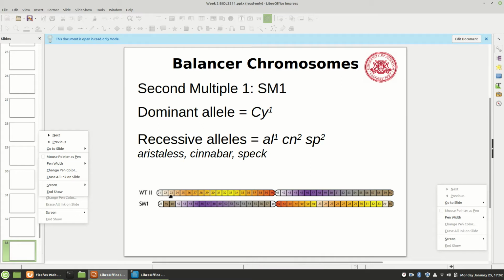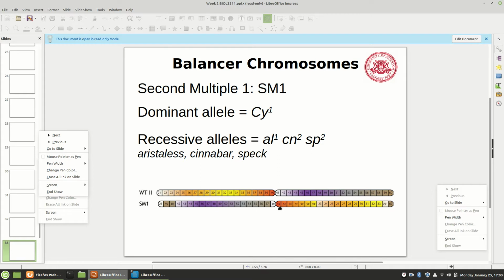No, no. What has happened is the chromosome has broken, and it has been reattached in a different orientation. So this chromosome is now a balancer chromosome with everything in kind of reverse order. And this is very useful when this happens.